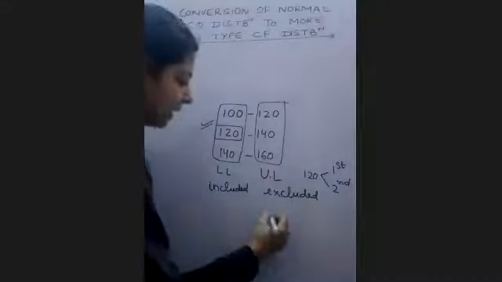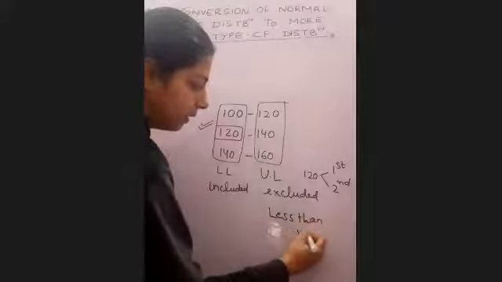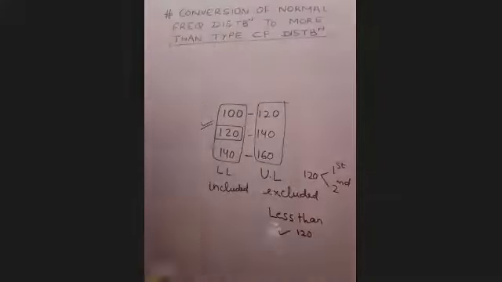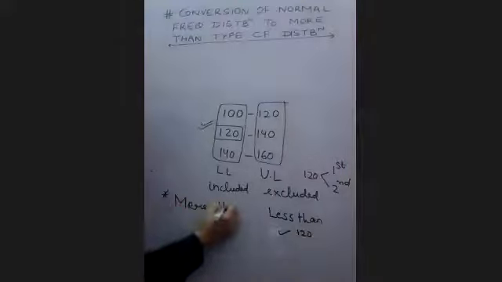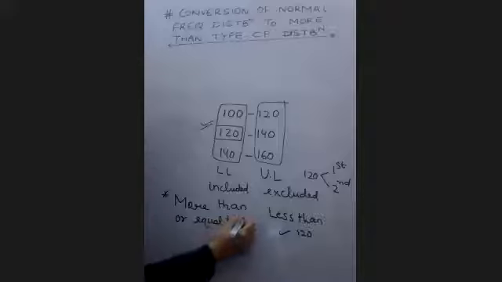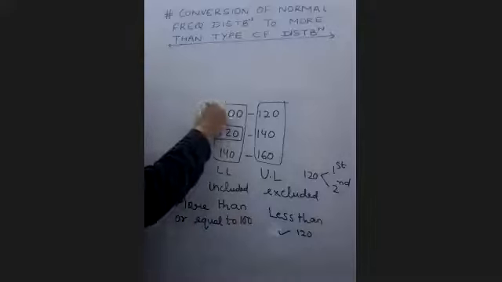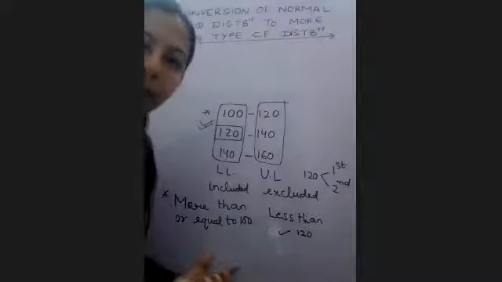So when we say less than 120, it's fine. But when we are going to talk of more than, we say more than or equal to 100. This one I'm talking about. Are you with me? When we are writing less than, it's less than 120.